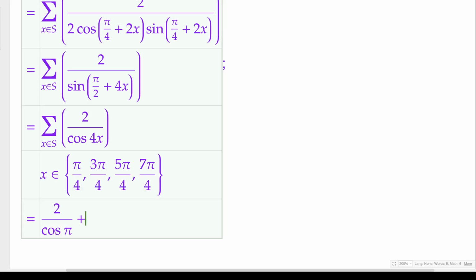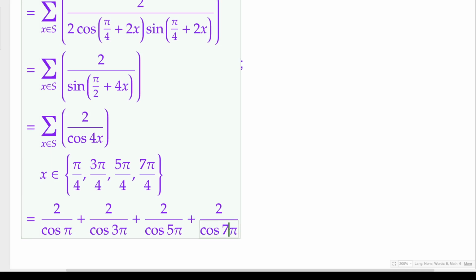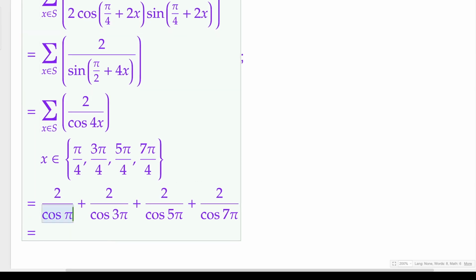Similarly, the next one would be cosine of 3 pi, then cosine 5 pi, and at last cosine 7 pi. After resolving this, we can clearly observe that all these are negative ones.